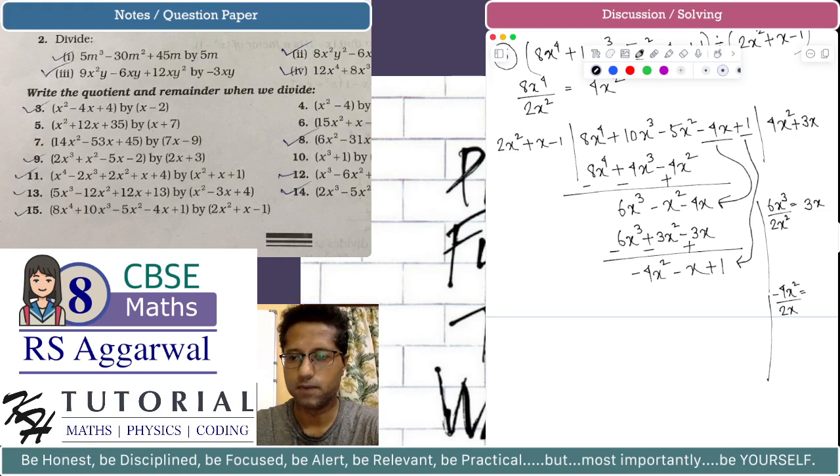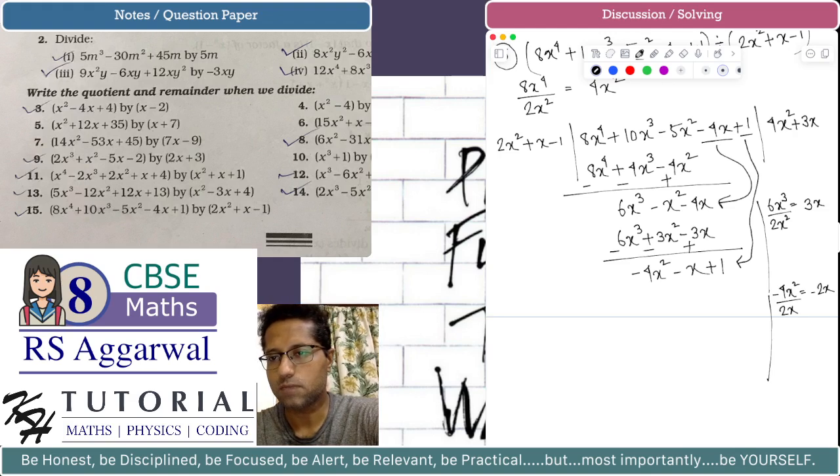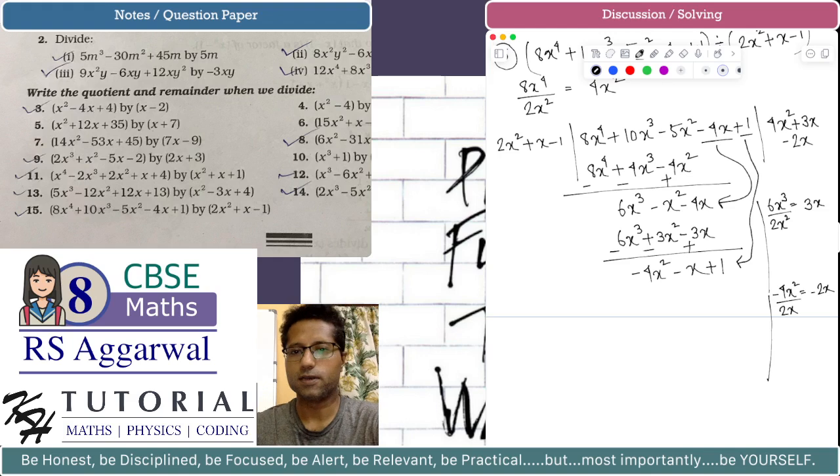So this becomes minus 2x. The next term in the quotient is minus 2x, and we have to subtract the product of minus 2x and the divisor from the dividend. So the product of minus 2x and the divisor is minus 4.